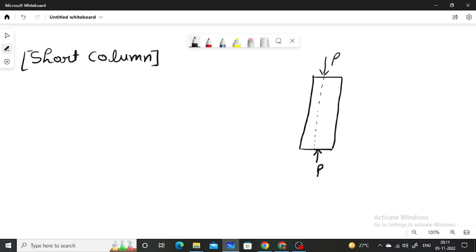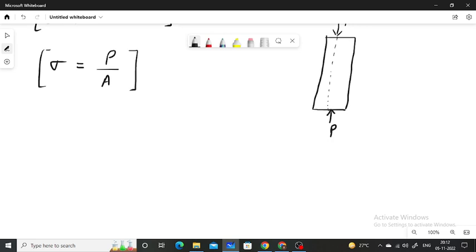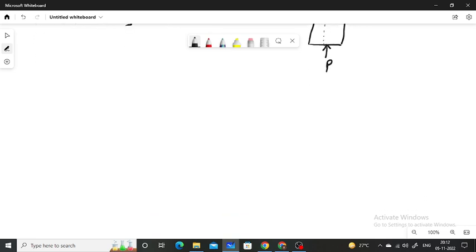Okay, in that case we know that the stress induced in the column will be equal to the load upon cross sectional area. This stress is known as direct stress. Okay, if this load is shifted from its axis, that load is known as eccentric load.